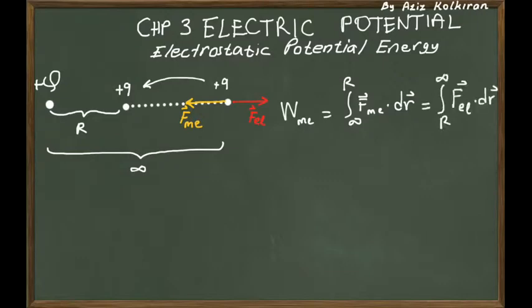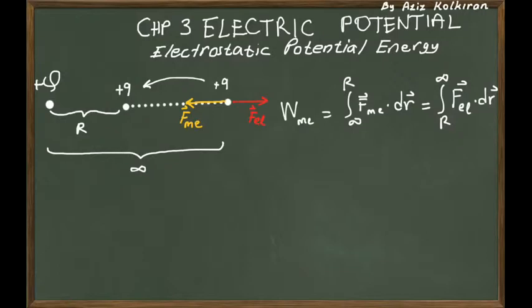So I replace the F, the force provided by me, by the electrostatic force between these two charges. Anywhere during this motion, I can always write down this electrostatic force, as long as I know the distance between the charges. The electrostatic force is just equal to K times capital Q, the initial charge, times the small q, divided by distance squared.